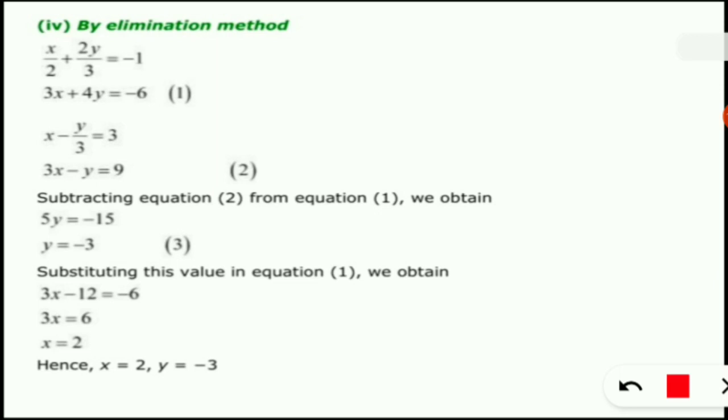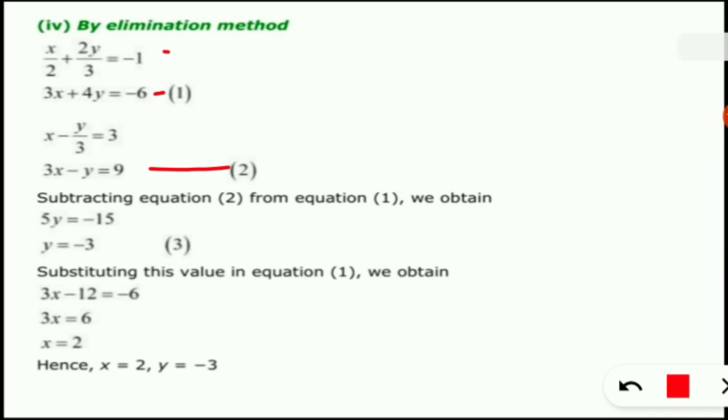So x by 2 plus 2y divided by 3 equals minus 1. After simplification, this is 3x plus 4y equals minus 6. This is equation 1. And x minus y by 3 equals 3. After simplification, 3x minus y equals 9. This is equation 2.